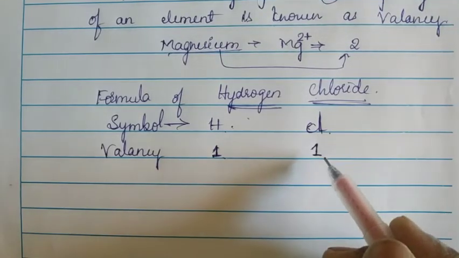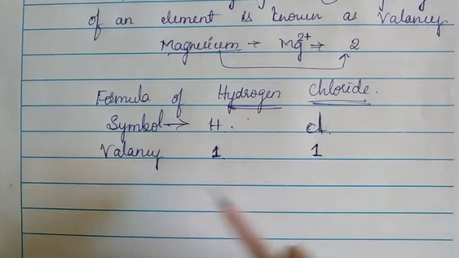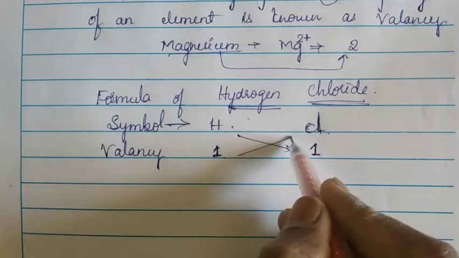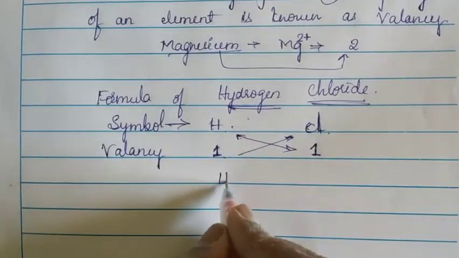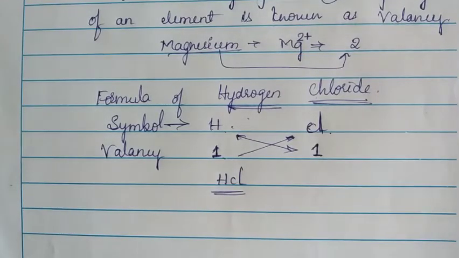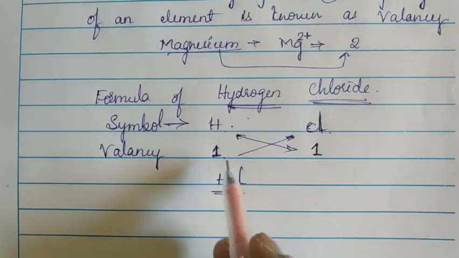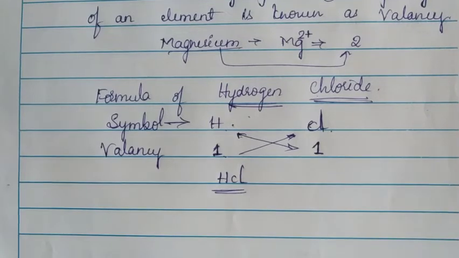All of you see the table I showed you previously, and do cross multiplication here, and the formula gives HCl. The formula of the compound is HCl. The H valency is 1, and the chlorine valency is also 1.